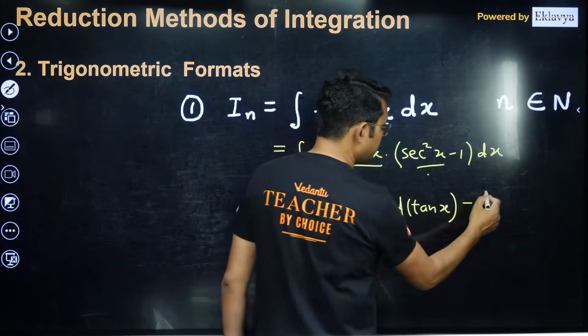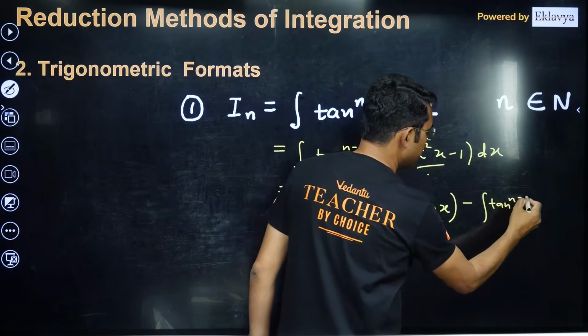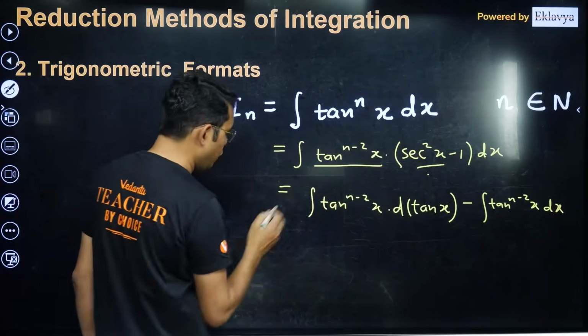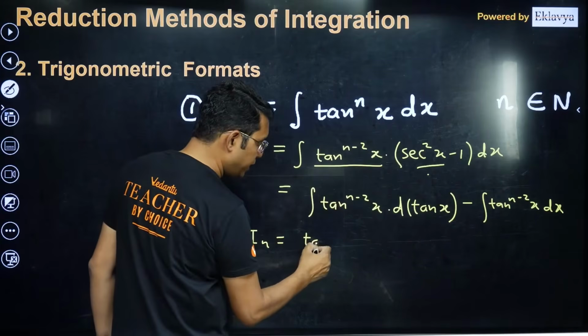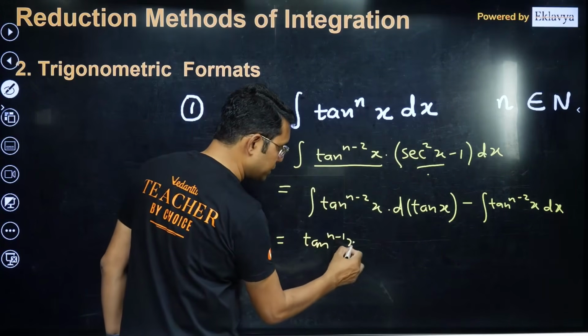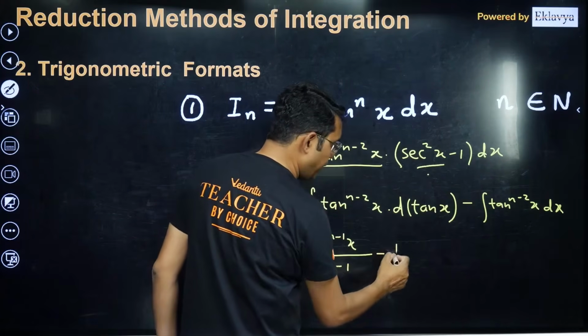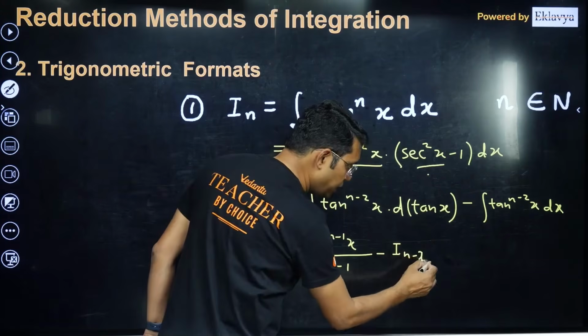Minus the thing that is remaining, that is tan power n minus 2 x dx, which can be written as I n minus 2. So I have got In as the integral of this, which would be tan of n minus 1 x upon n minus 1, minus, not I n minus 1, this is I n minus 2.